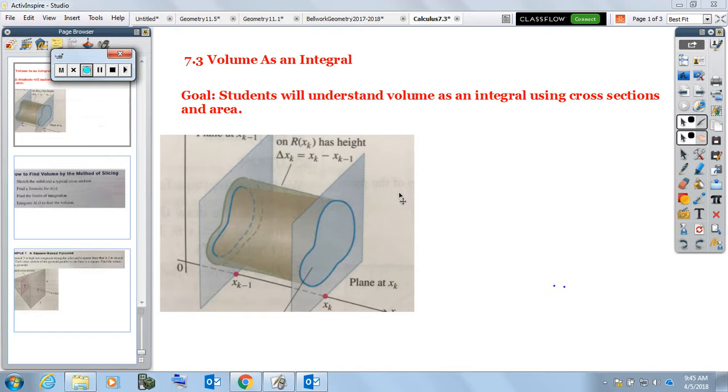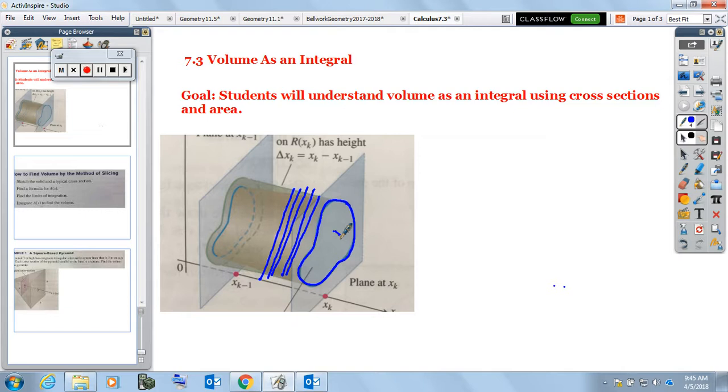So here's what I mean. Think about this kind of funky looking base shape that we have on the screen right now. If you continue to slice this figure here and here and here and so on and so forth, in all these different slices, you get the same face that you have down at the base, right?